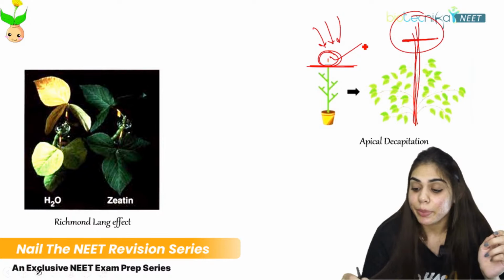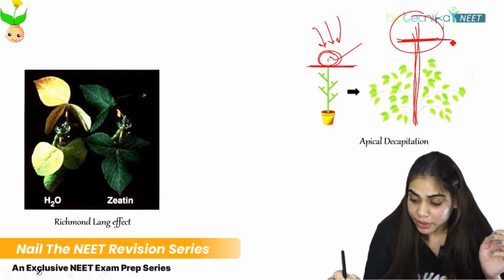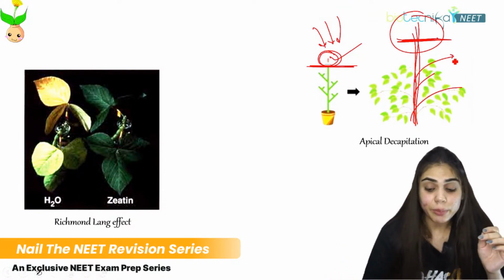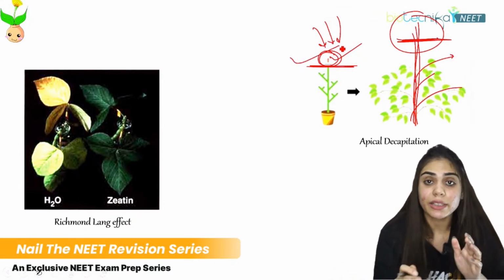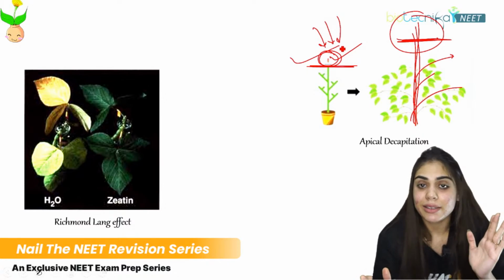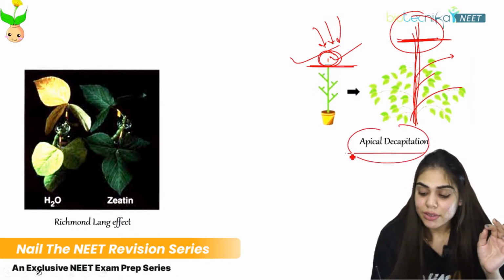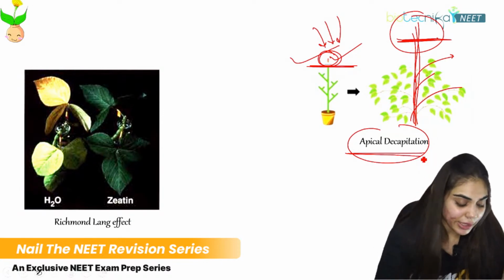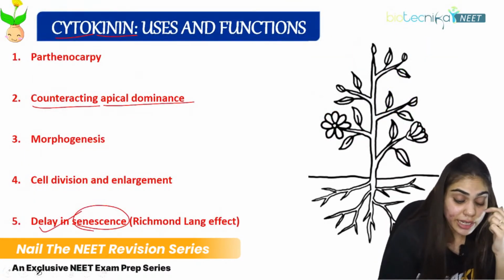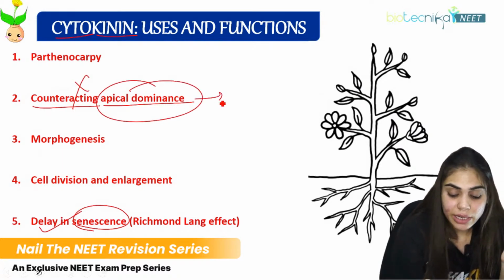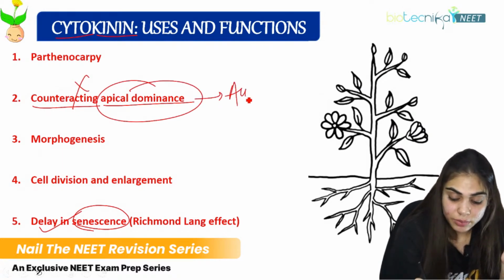Now what will happen? If the apical dominance does not happen, the lateral growth of the plant will happen. Why? Because auxin was inhibiting the lateral growth of the plant, that is the sideways growth. Now sideways growth will happen, and it will happen by cytokinin. So cytokinin is known to counteract apical dominance that was taken care of by auxin.